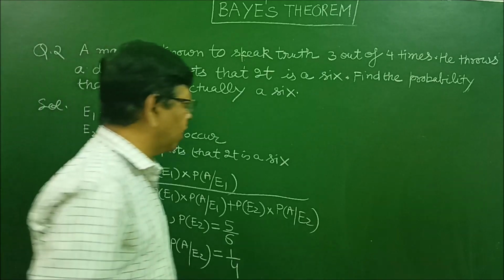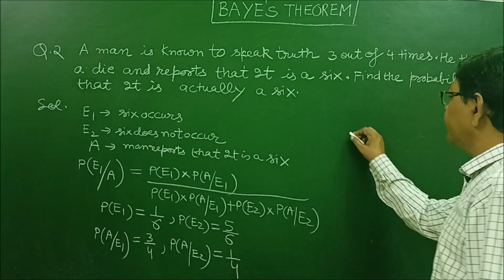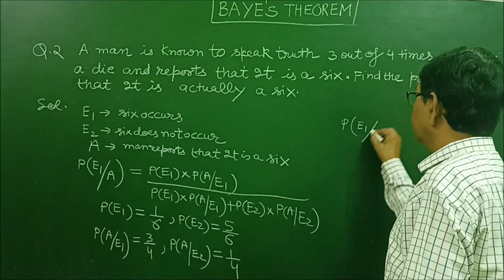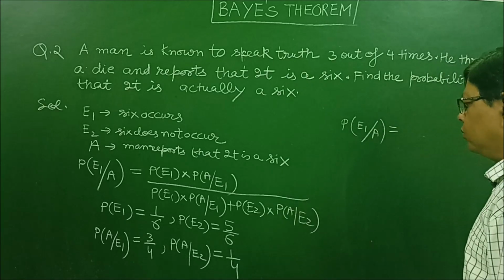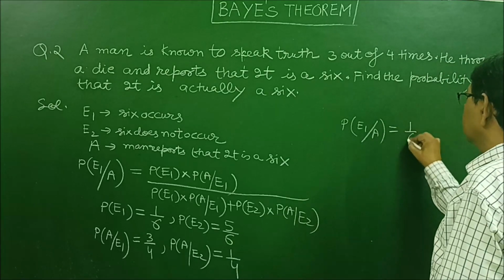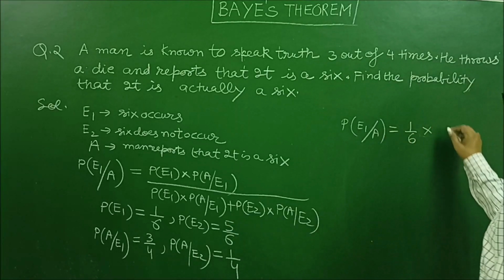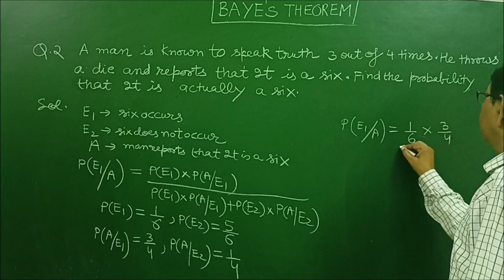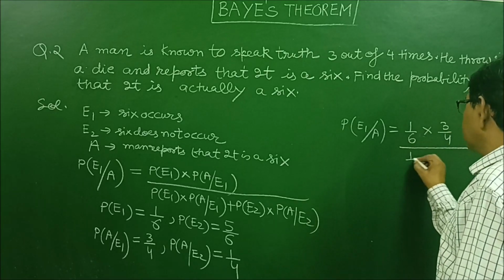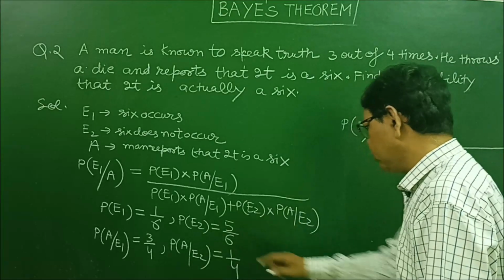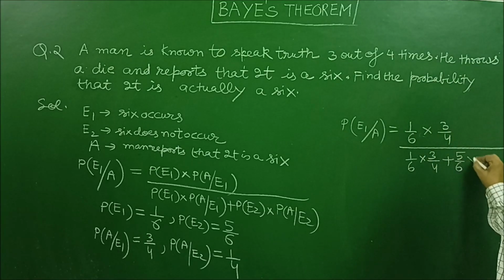Now putting all these values in the formula here, probability of E1 slash A is equal to probability of E1, that is 1 by 6, into probability of A slash E1, which is 3 upon 4, upon 1 upon 6 into 3 upon 4 plus probability of E2 is 5 upon 6 into 1 upon 4.